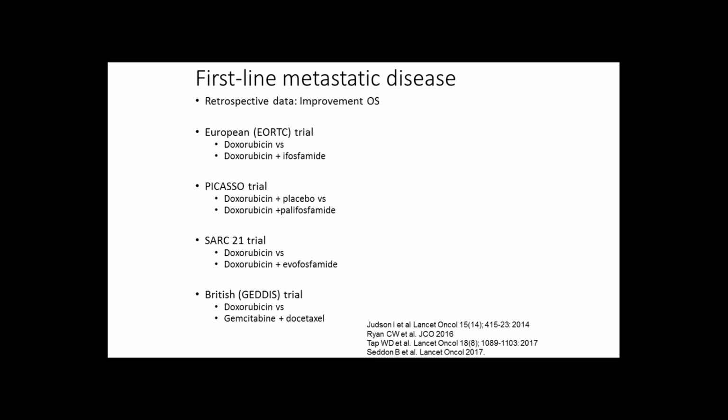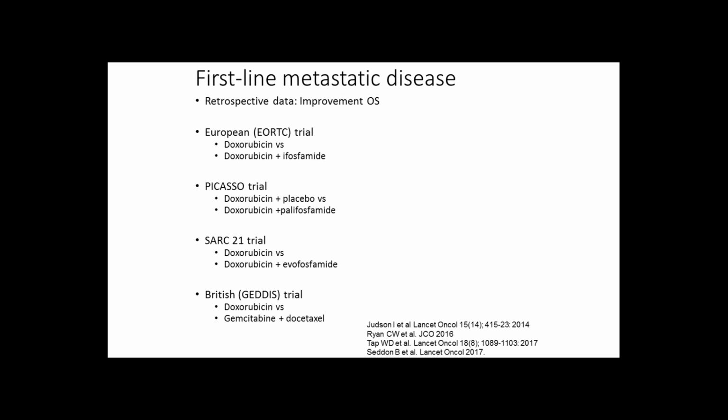The next trial listed here, the so-called Picasso trial, randomized people to receive either doxorubicin plus placebo or doxorubicin plus palifosfamide, an ifosfamide analog with fewer side effects. But this trial showed no significant difference in overall survival or progression-free survival between the 2 arms.